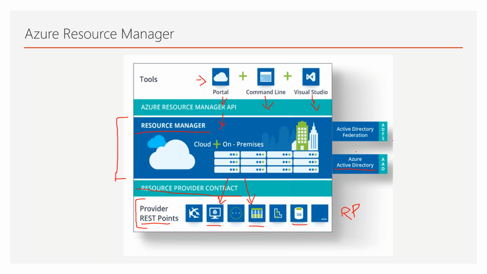This means you are authenticated. Then you go ahead and create, let's say, a storage account from the portal. You provide some configuration, then you are authorized if you are allowed to create the storage account or not. After that is checked, your information will be given to the resource manager, which will pass it on to the individual resource providers that are going to create your resources.